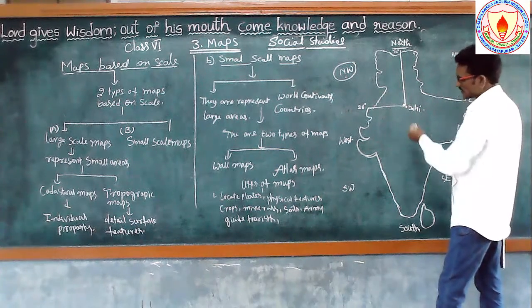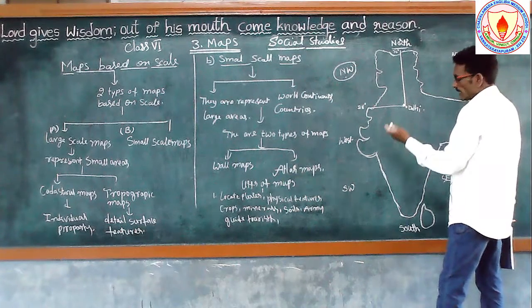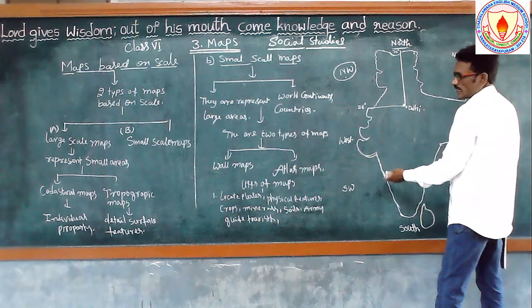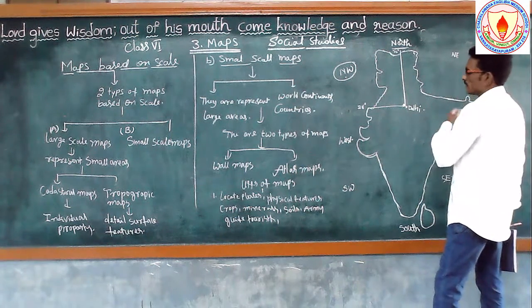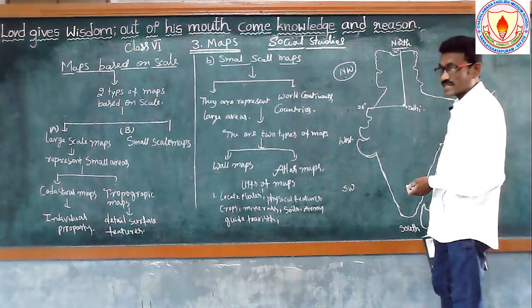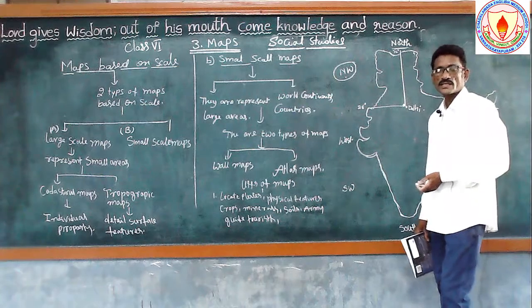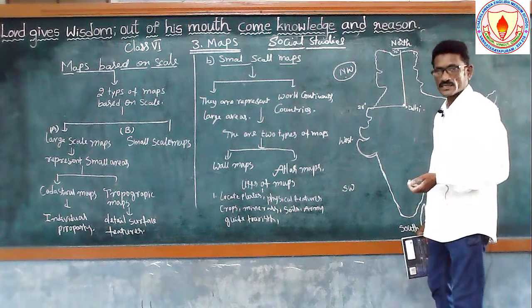Next places: Delhi and Gujarat and Madhya Pradesh and Maharashtra, Goa and Karnataka and Kerala. So many states we are able to find on the map. And the next, physical features. What are physical features? Like our body has hands, legs, like that.